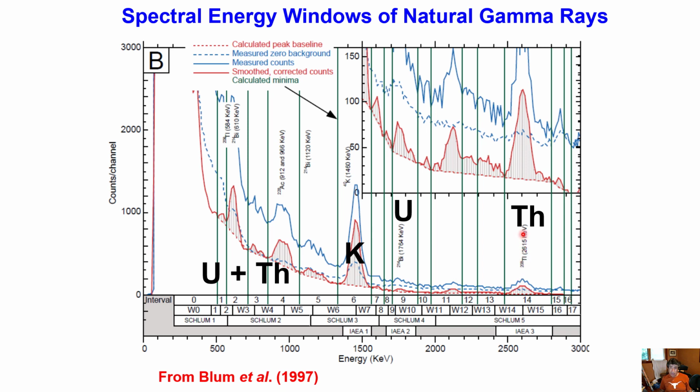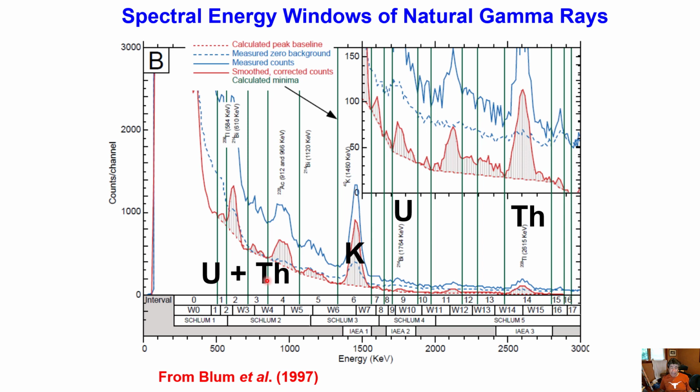Thorium is related to the peak of thallium because that's the first subproduct of the radioactive decay, whereas uranium is associated with bismuth, and potassium with potassium. Thorium and uranium at the very low energies also have common peaks associated with thallium and bismuth.